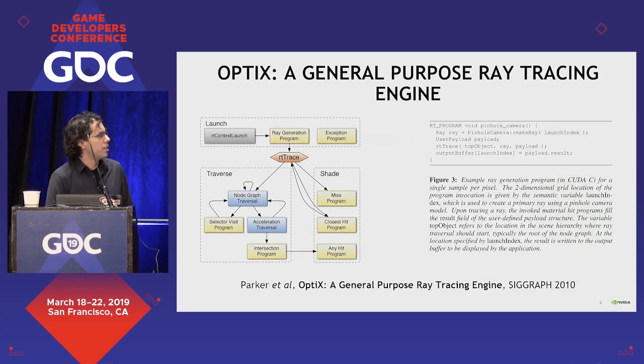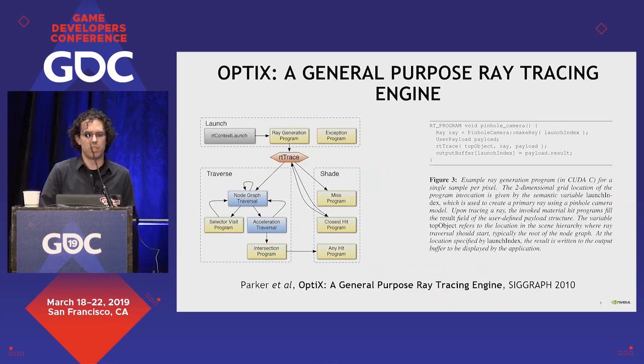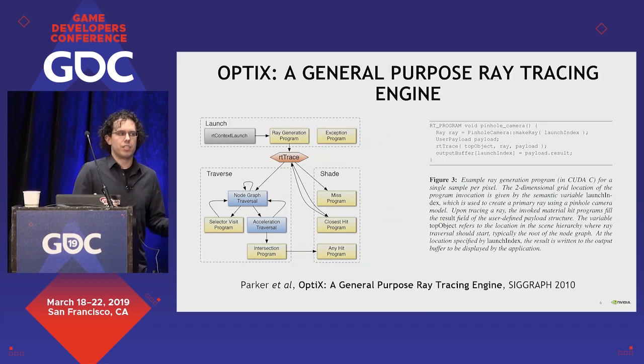And this eventually led to the release of OptiX. And in 2010, we had a SIGGRAPH paper that detailed the architecture of OptiX. Now, for those who might not be familiar, OptiX is essentially a ray casting SDK. It is an SDK that you can use to build any application that uses ray tracing, right? It's not a renderer, and I want to make this clear because you can actually use OptiX for many other applications that are not graphics related.